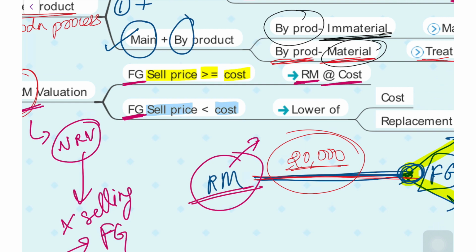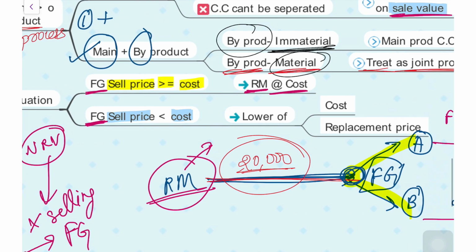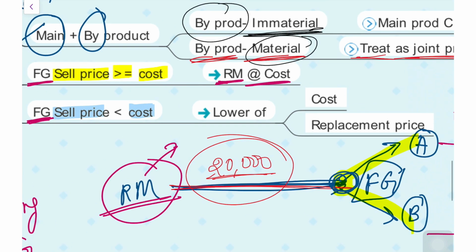So there will be a replacement cost incurred. To replace this raw material, there will be some replacement price, and outside there will be a person ready to take it at that price. So you have to measure the lower of cost or replacement price. Whatever is lower, you will take that and account it as your raw material value.